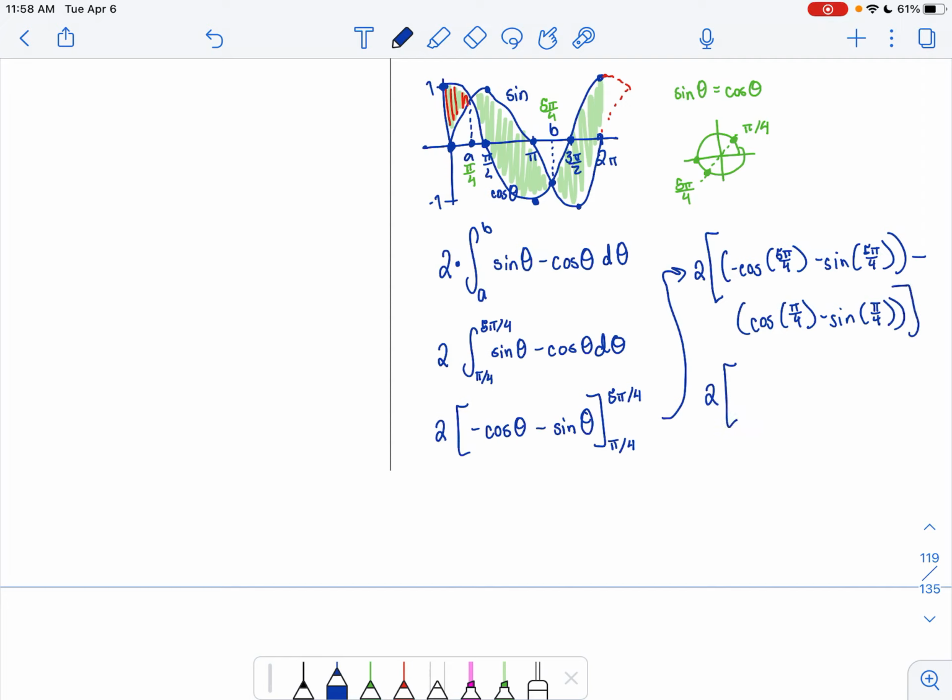So this becomes 2 times root 2 over 2. Let's see. Dropped a negative. I apologize there. Minus, plus, with the negative, root 2 over 2, minus a negative, so plus root 2 over 2, minus another negative, root 2 over 2. So that's 2 times 4 root 2 over 2, which is equal to 4 root 2.